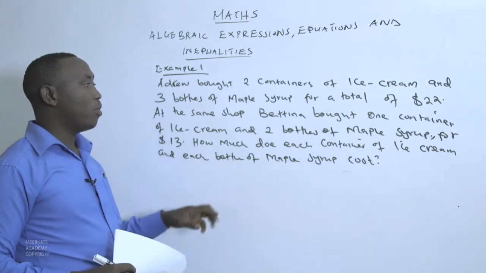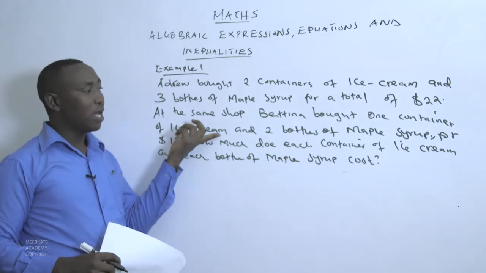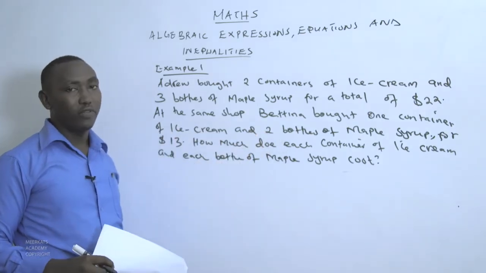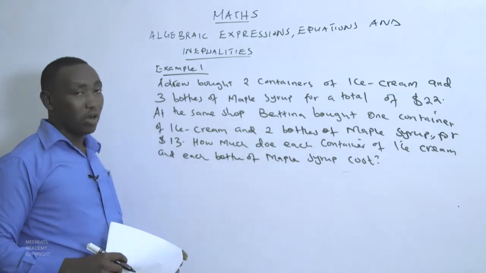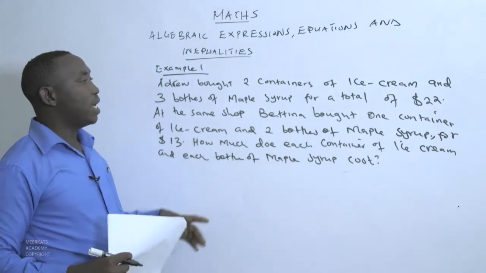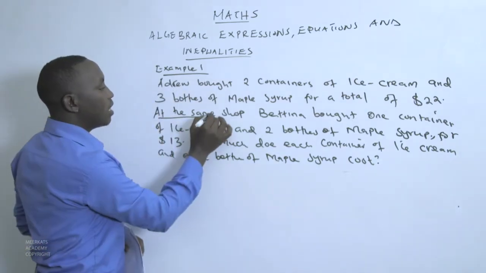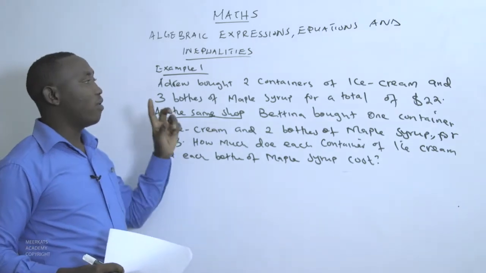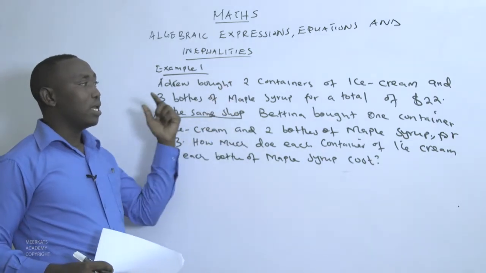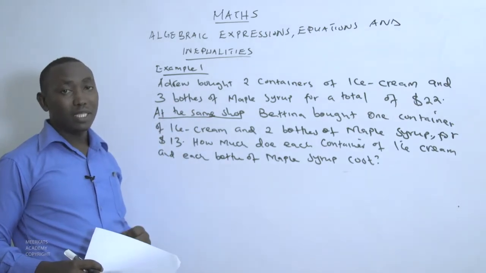Within the same shop, we have another person, Betna, who bought 1 container of ice cream and 2 bottles of maple syrup at a total cost of $13. The fact that these people purchased the items from the same shop means that the cost of 1 container of ice cream and the cost of 1 bottle of maple syrup is the same.